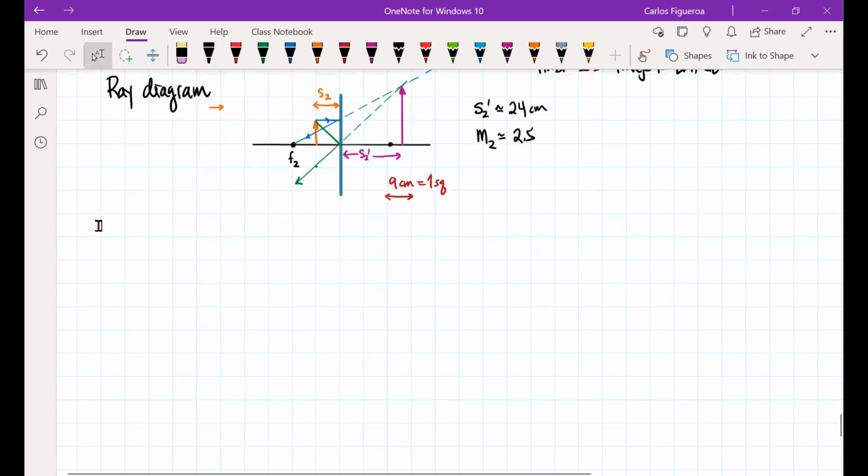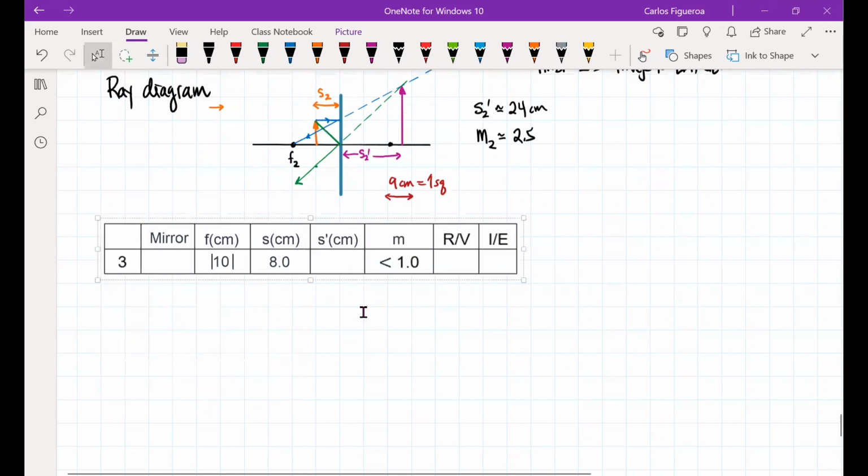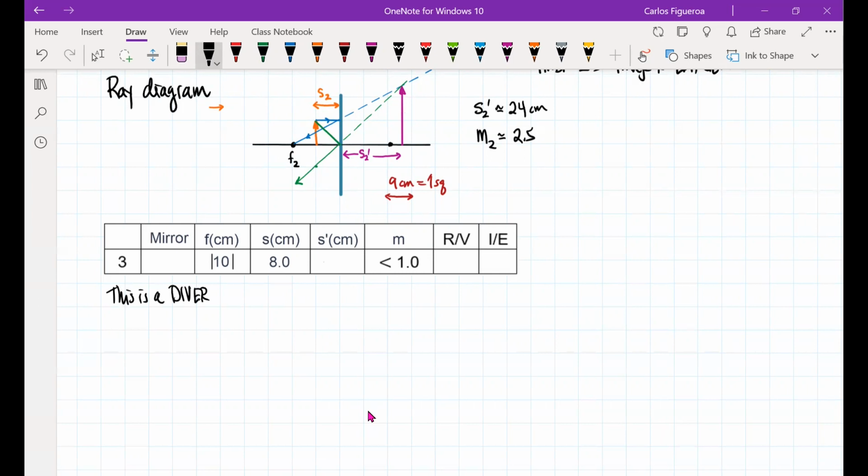Mirror number 3. What do I see for mirror number 3? Well, if I look at the magnification again, like we did last time, we know that it has to be a diverging mirror. And of course, the question is why?